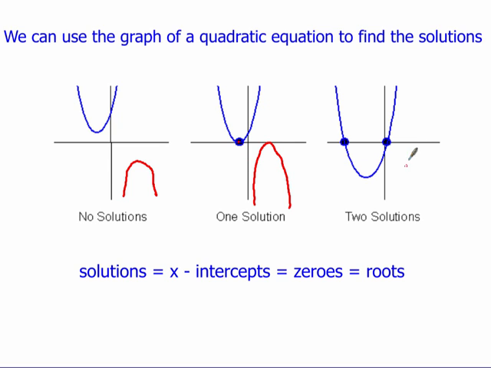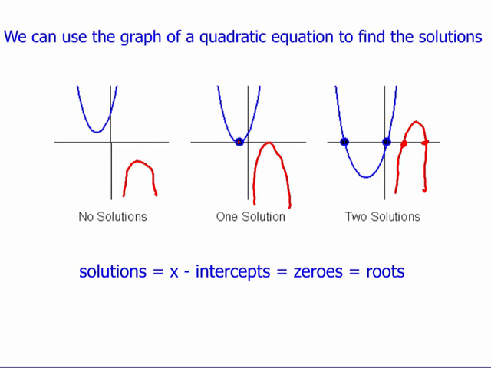Or you could have 2 solutions where the graph comes down and touches the x-axis exactly twice, or looks like this and touches the x-axis exactly twice. All right, because the solutions are the same things as the x-intercepts. They're also known as the zeros. They're also known as the roots. It's an important thing to remember as we work with quadratics, that the solutions and the x-intercepts are exactly the same thing.